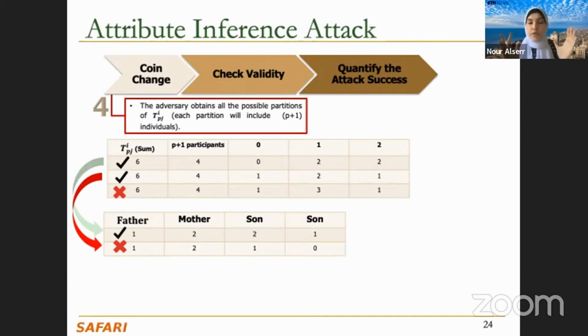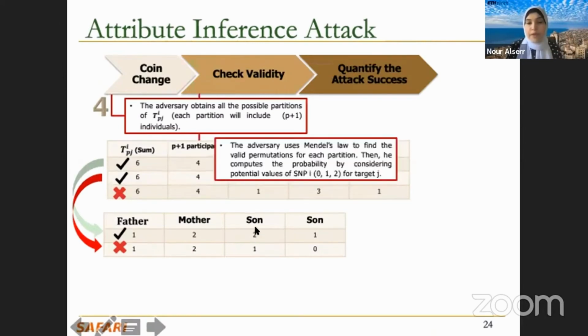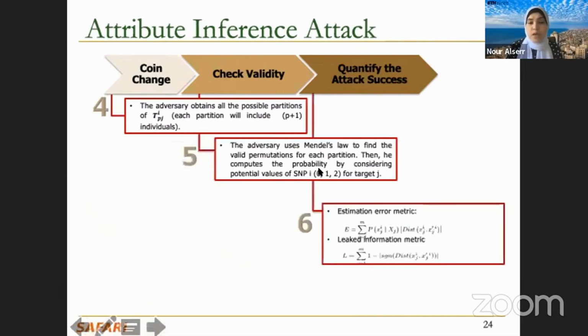For more family members and more permutations and partitions, he will calculate the probabilities, and then he will try to find the genomic value or the record for that SNP for the vector.